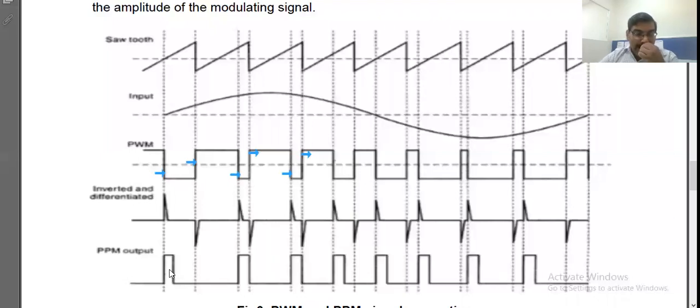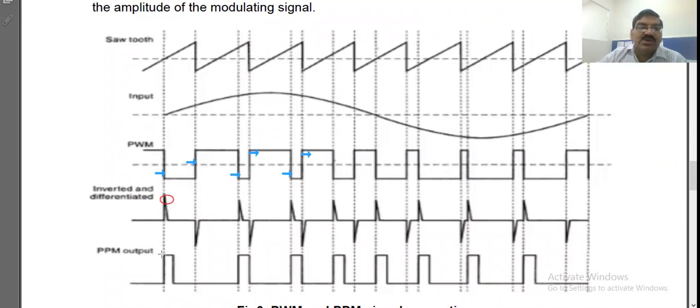Now, where do you get the positive pulse? This is your positive pulse.